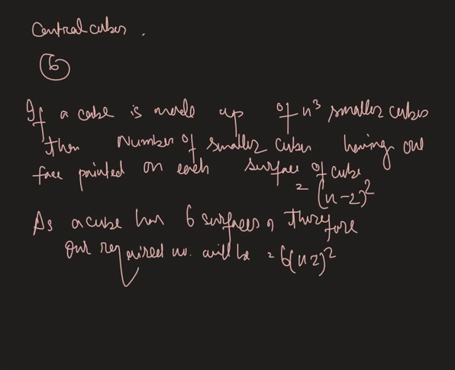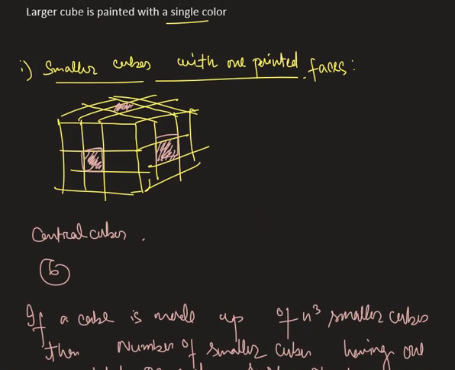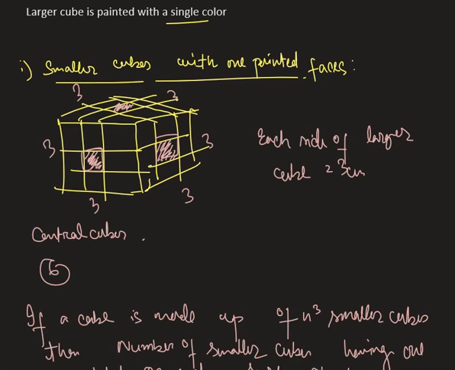So as we can see in this figure, each side of the larger cube is equal to 3 centimeter, and each side of the smaller cube is equal to 1 centimeter.